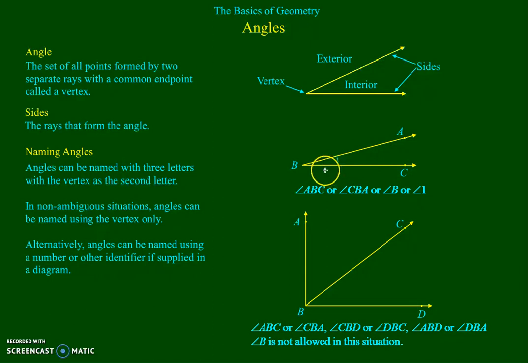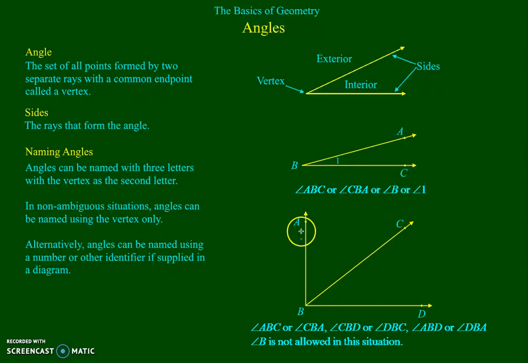Also, when you have a situation like this, where there's one set of rays coming together at one common vertex, this is called a non-ambiguous situation, and in that case, you can use the single letter for the vertex as the name of the angle. So this could also be angle B.